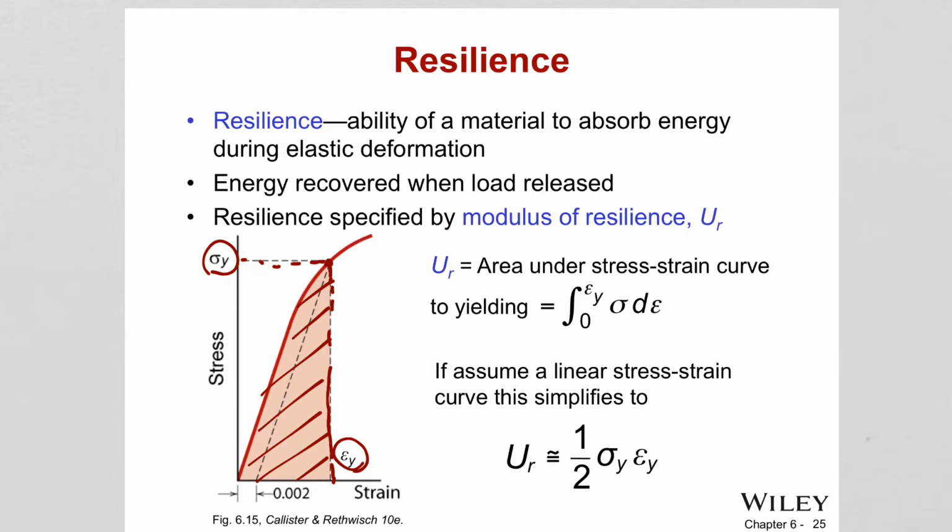You can compare these areas of different stress strain curves and then comment this area is bigger in that material. That means it absorbs more energy. This energy, or resilience, is shown by the modulus of resilience, U with a subscript R. This is the area under the stress strain curve until yielding.